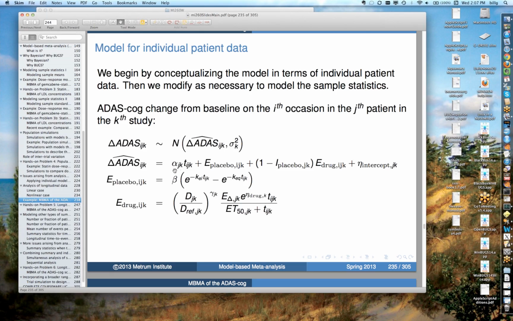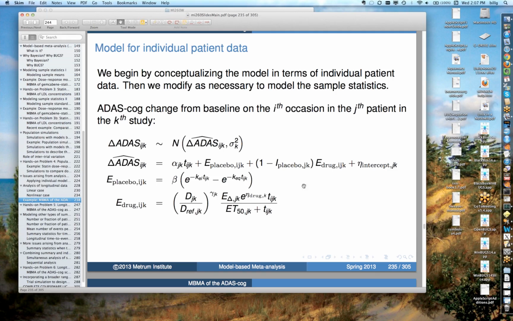We had a time component, just a linear increase in the ADAS-COG score over time, a little placebo component, then the drug effect, and then various random effects that we're dealing with, both inter-trial variation and inter-individual variation as part of the model.